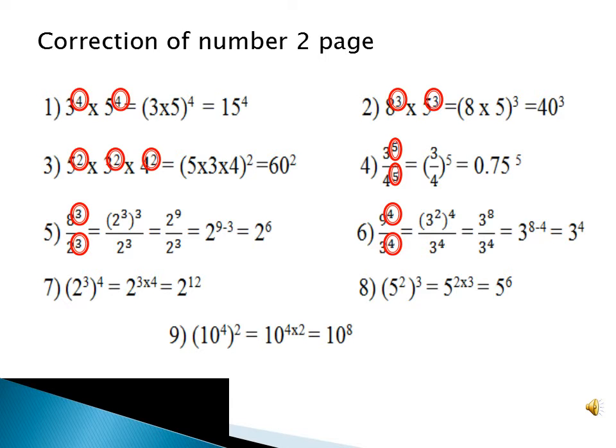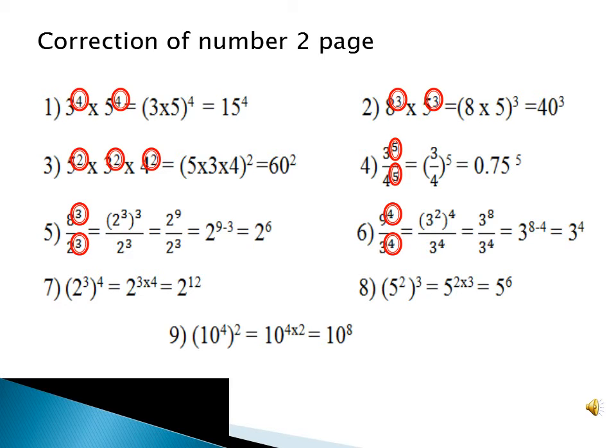Let's see how. 8, as we took in the class, it is 2 power 3. So we can decompose 8 into 2 power 3, and we put the 3 outside. 2 power 3, it remains the same.